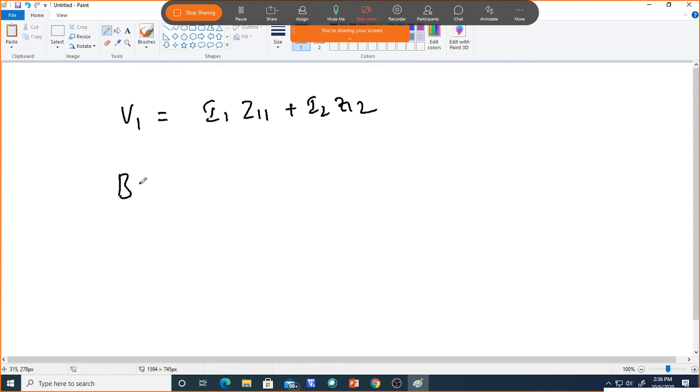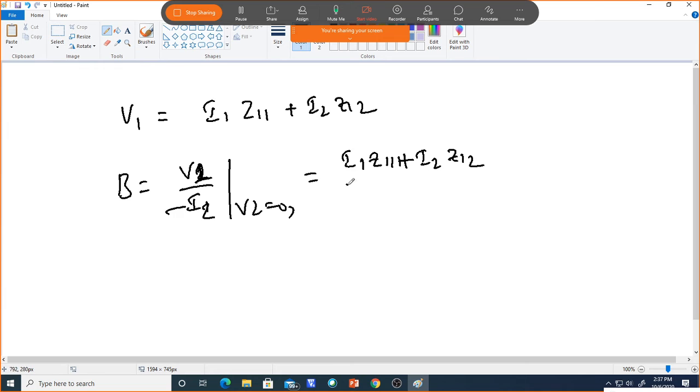So B equal to V1 by I2 when V2 equal to 0, which is I1 Z11 plus I2 Z12 divided by minus I2.